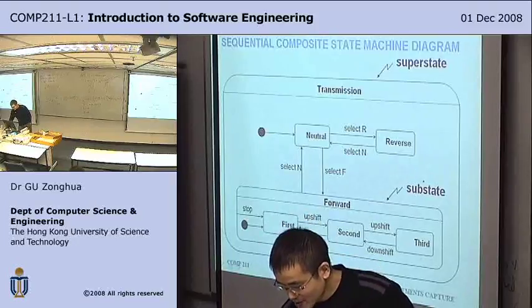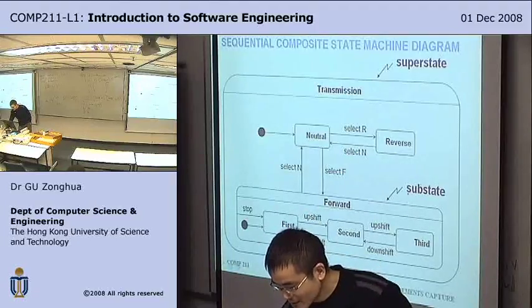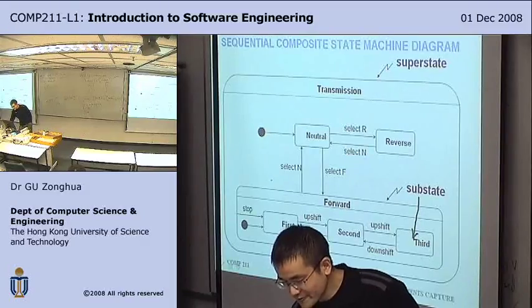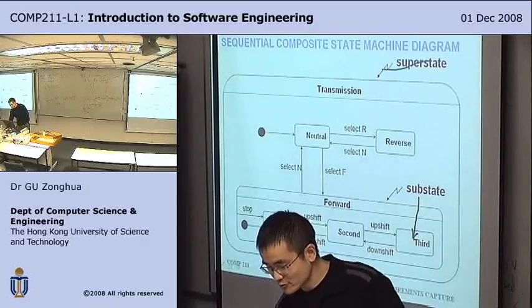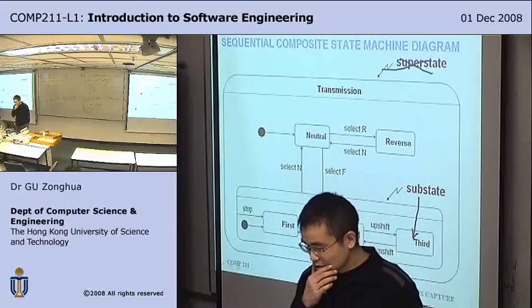I think these arrows are wrong. Essentially, each one of these is a substate, three substates, and this whole thing, forward, is the superstate. These arrows are pointing to the wrong place.